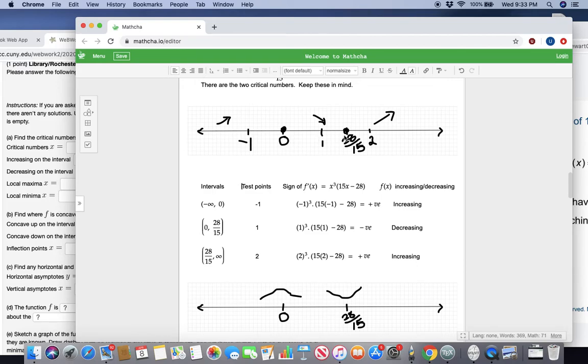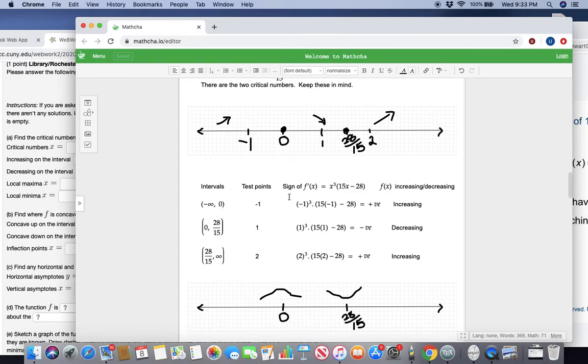From the second piece, I get test point +1. From the third piece, I get test point 2. I just chose these numbers. Okay, guys, if you like, you could have taken -10 here and 20 here. It doesn't matter. Choose any test point from each interval.